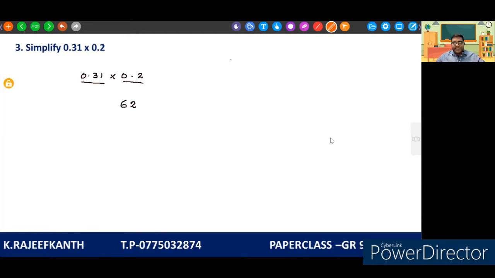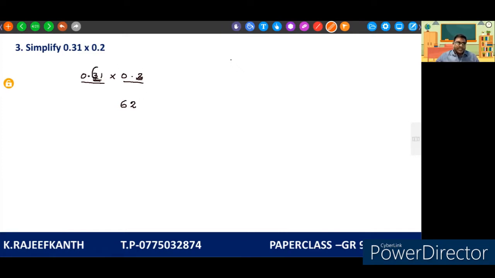So when you are multiplying two decimal numbers, first we have to think there is no decimal point in that number. So this is 31, this is 2. 31 into 2 is equal to 62. Here after the decimal point, there are 2 digits. Here 1 digit, right? So totally we should have 3 digits after that decimal point.